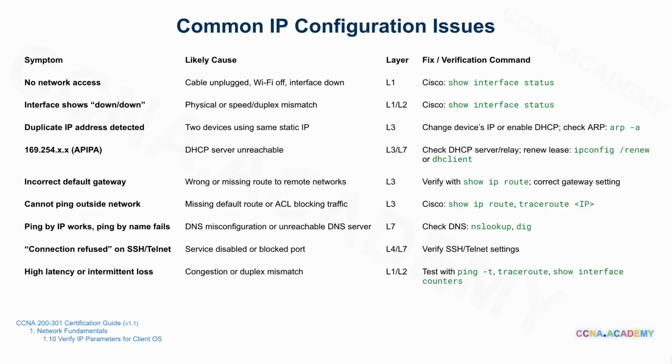If you can ping by IP but not by name, that's a DNS problem at Layer 7. And if SSH or Telnet fails, the service might be blocked or disabled. Each issue here maps to its OSI layer, and the commands beside it, like ipconfig /renew or show ip route, tell you exactly how to confirm and fix it.